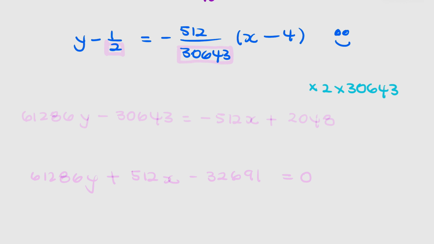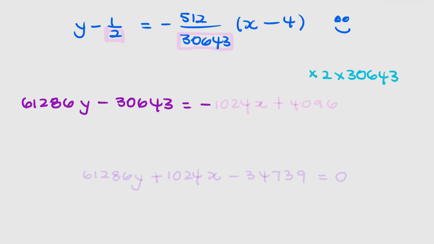So that will give you 61286y minus 30643 equals minus 1024 times x plus 4096.